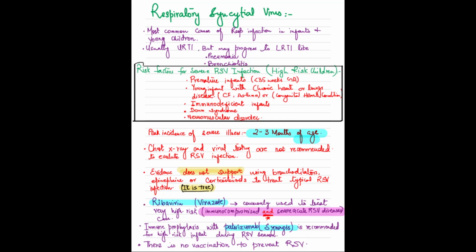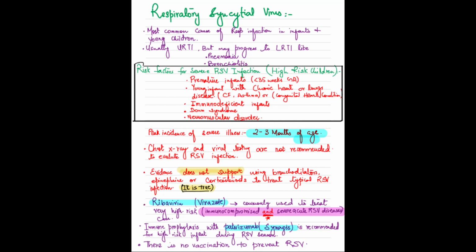So make sure to highlight the word and. It is not talking about or. Ribavirin cannot be given to a child who is simply severely ill because of RSV. It is only given when a child is immunocompromised and comes to us with severe acute RSV disease, or maybe conditions like lung problems, maybe a premature infant. So in these cases we give ribavirin.